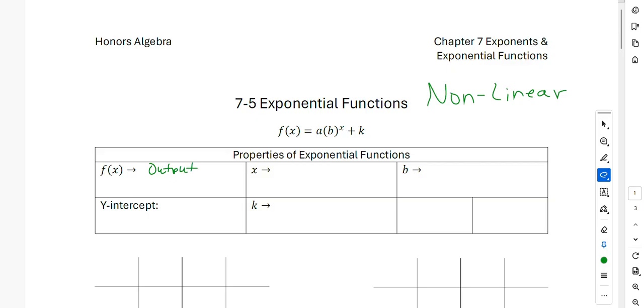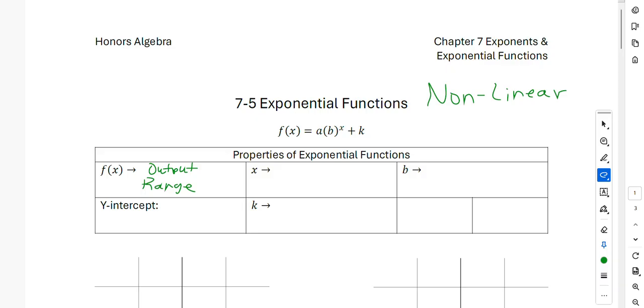What is another name for output? We talked about this. We probably haven't talked about this since chapter 1. Maybe a little bit with linear functions. Starts with an R. Range. Yes, range.